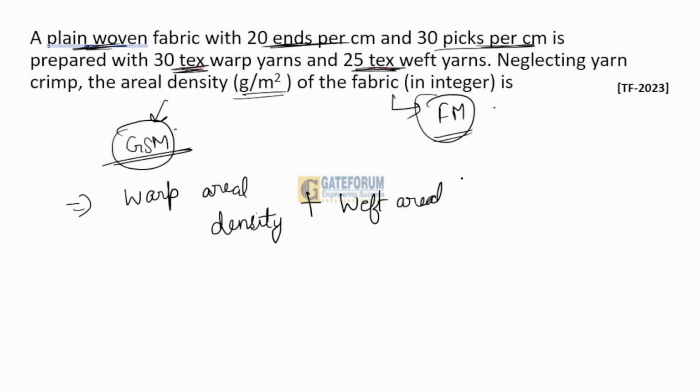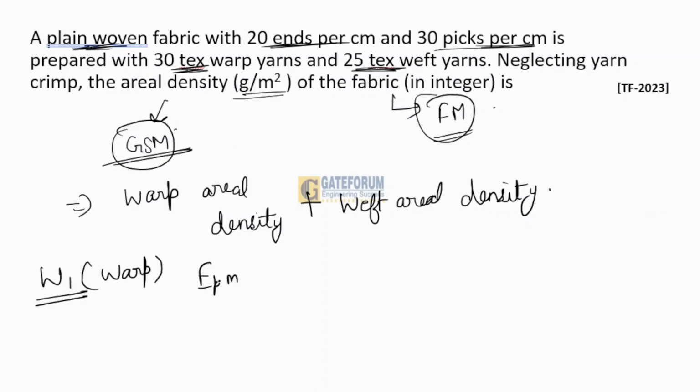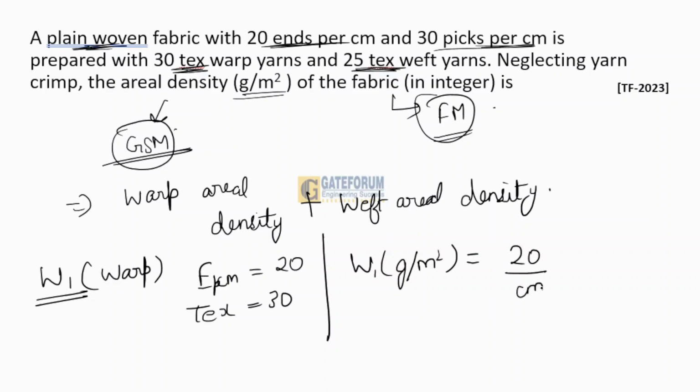For the warp, it says EPCM, ends per centimeter, is 20 and tex is 30. How do we calculate W1, the weight in gram per meter square? 20 ends per centimeter is given, and tex is gram per 1000 meter, so 30 gram per 1000 meter.